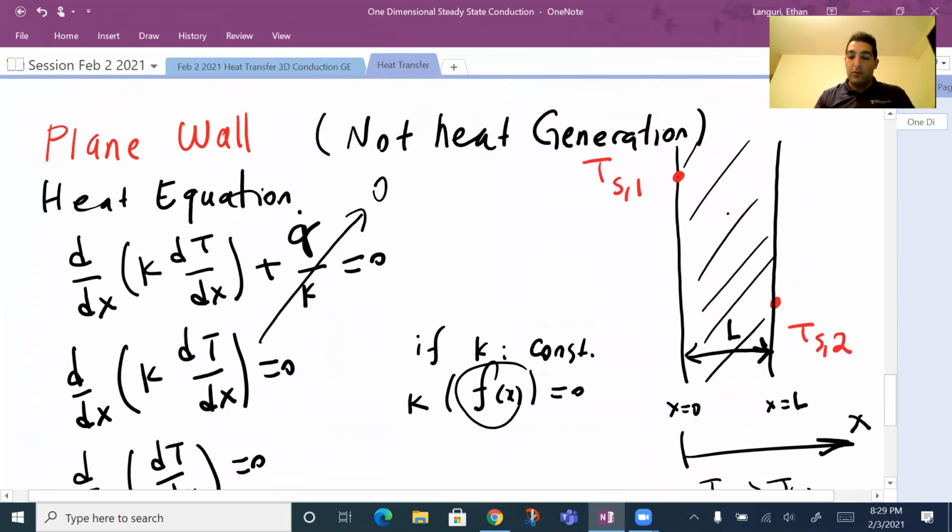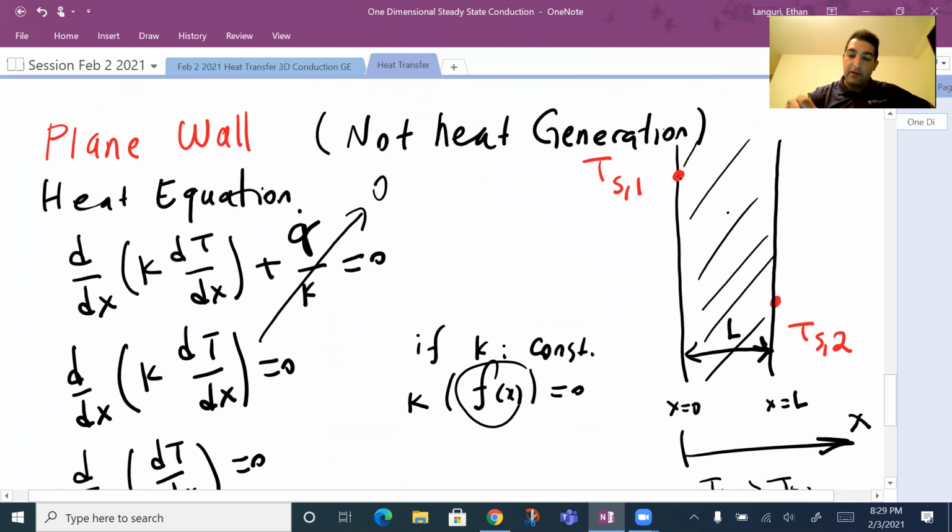Let me show it one more time. So temperature at x equals 0 is Ts1.